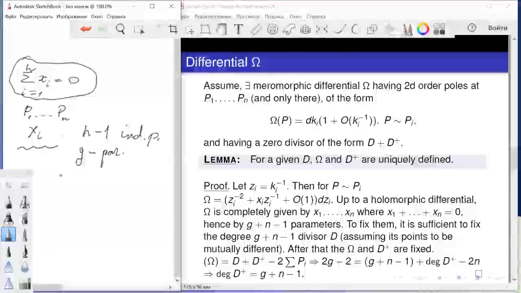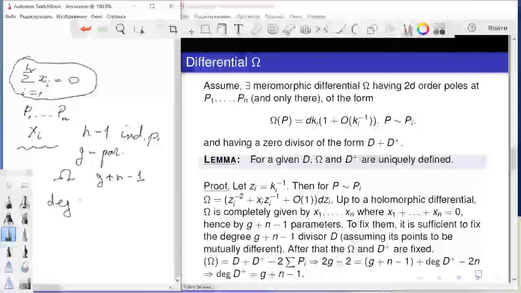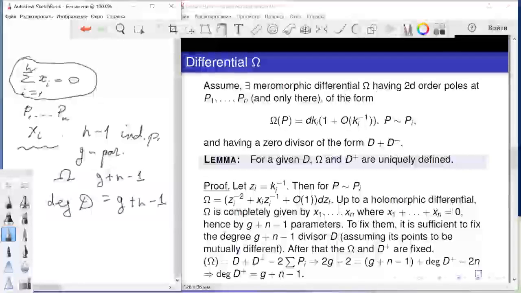In total, we obtain that omega is given by g plus n minus 1 parameters. But degree D is equal to g plus n minus 1, just by assumption about this divisor.